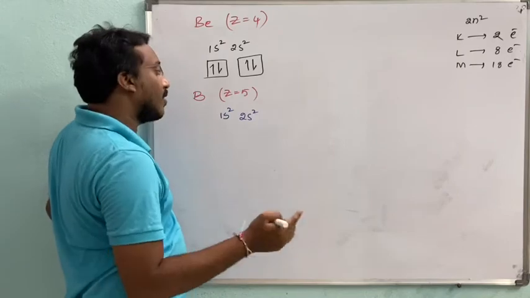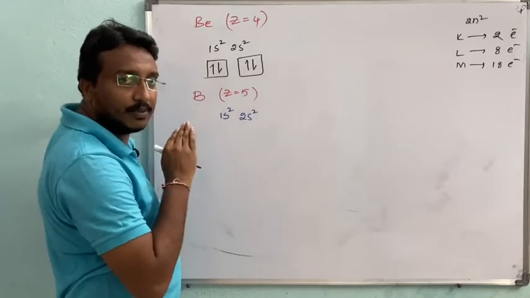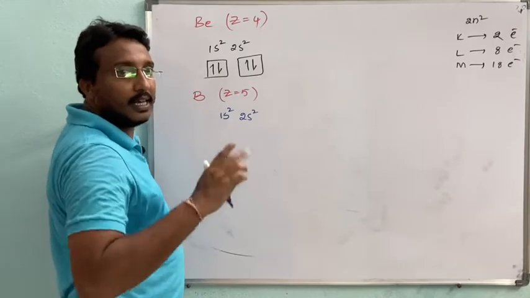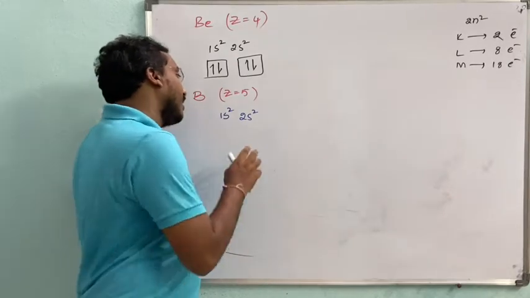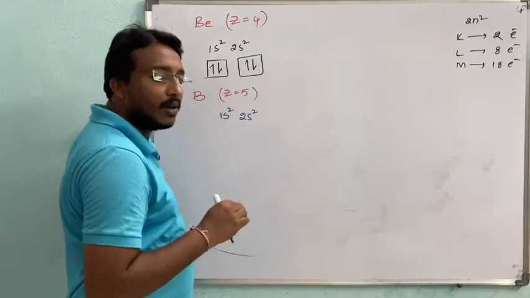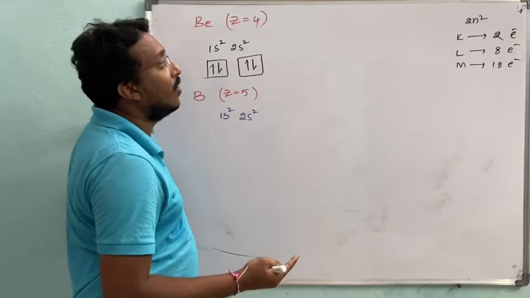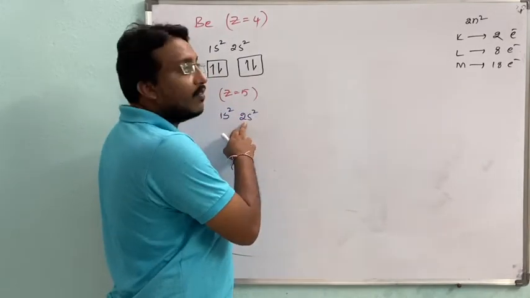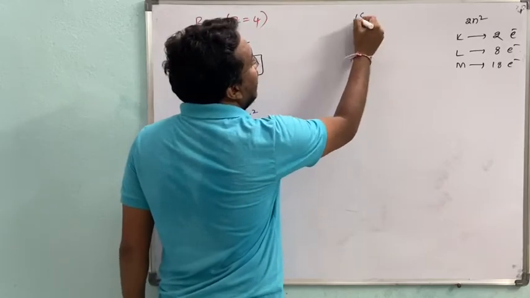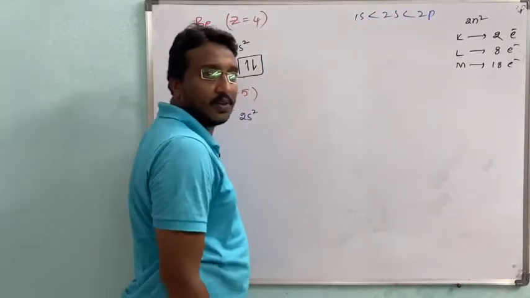Still 1 electron remains. Can we fill it in 2s or 1s? That is impossible. Why? Because the maximum number of electrons in an s orbital is only 2. So next, according to the Aufbau diagram, after 2s comes 2p. Got it?